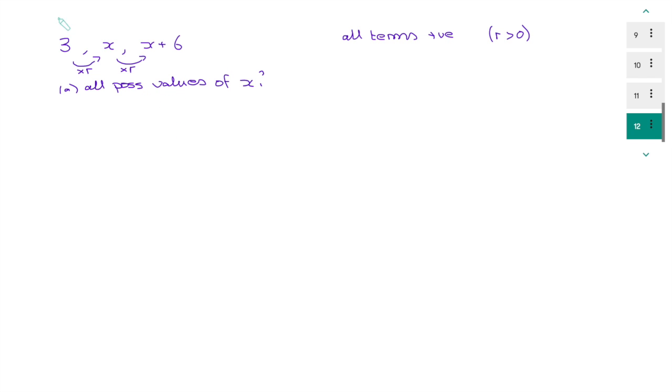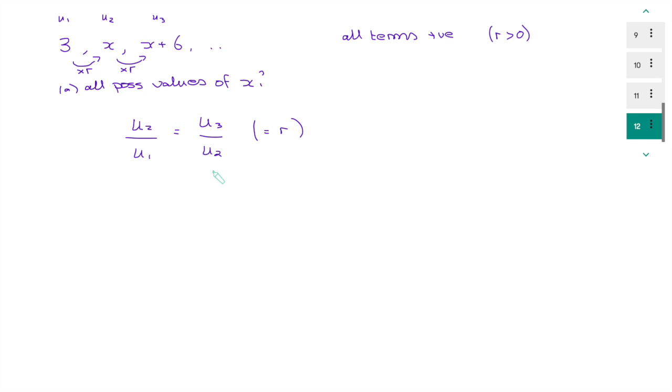So we've got u1, u2, u3. If you think about it, we know that u2 divided by u1 must be the same as u3 divided by u2, which equals r.